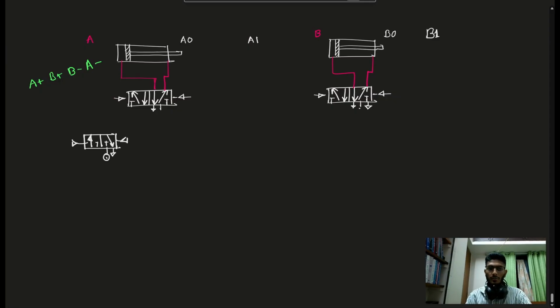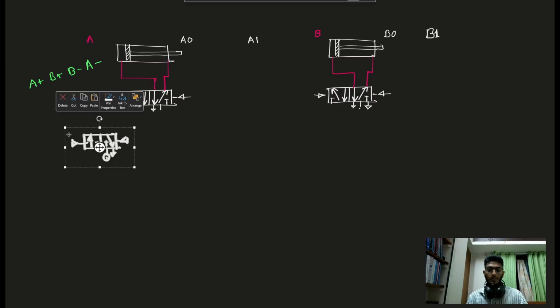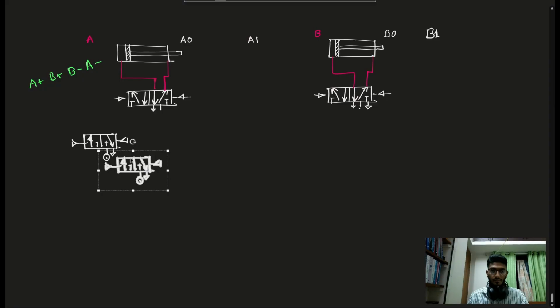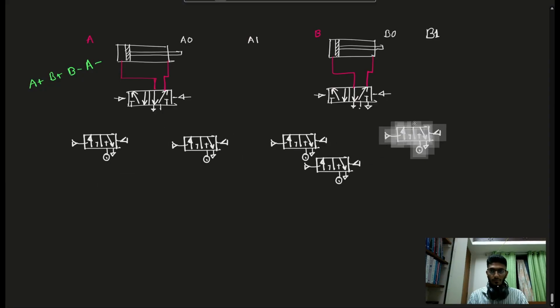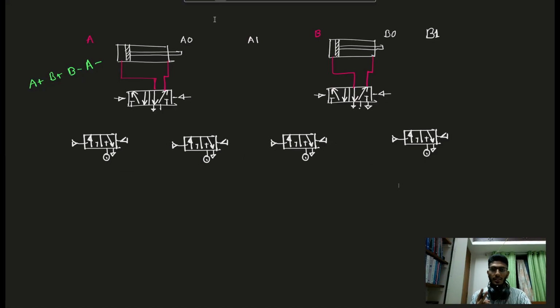But one thing you might notice is that this 3x2 DCB is pneumatically operated on both sides. Let's copy this. So now I need two extra things for a single 3x2 DCB. First one is a two pressure valve, or in other words, an AND valve.